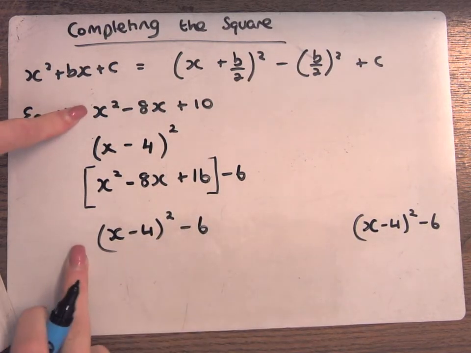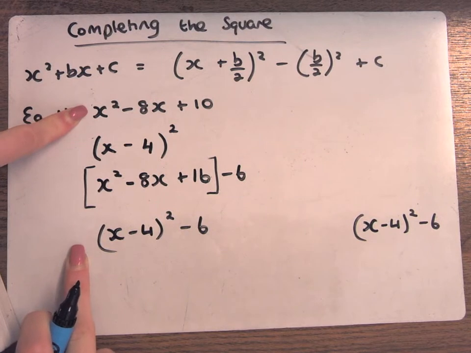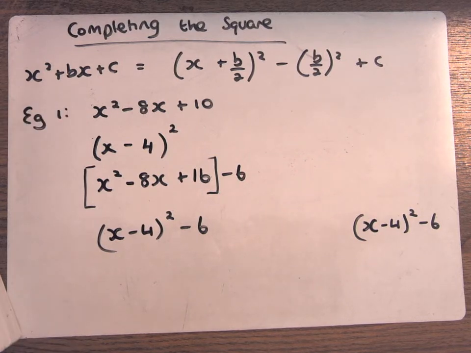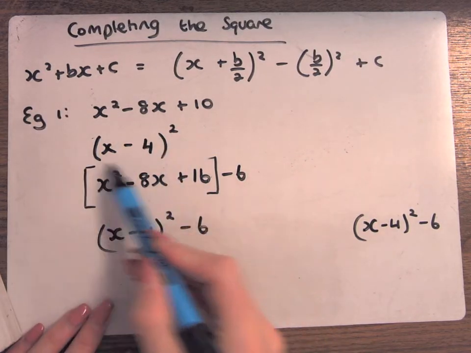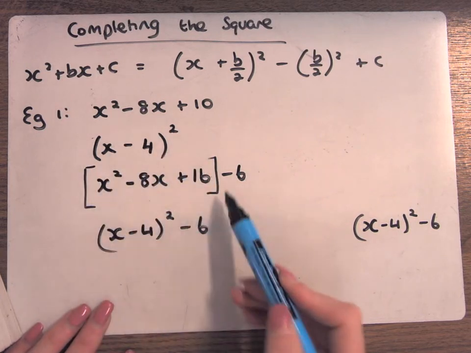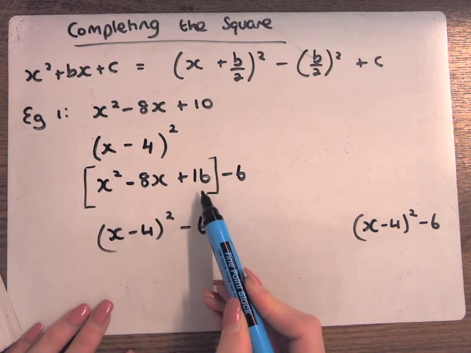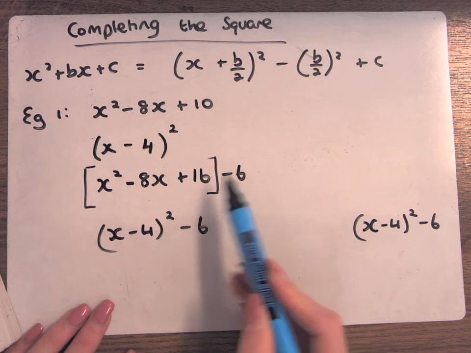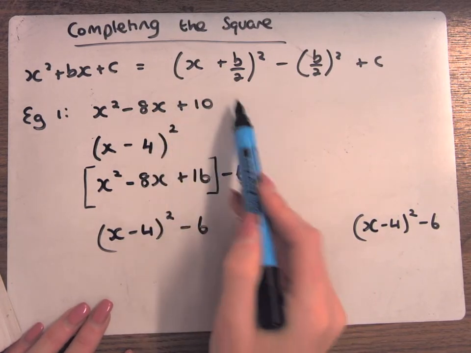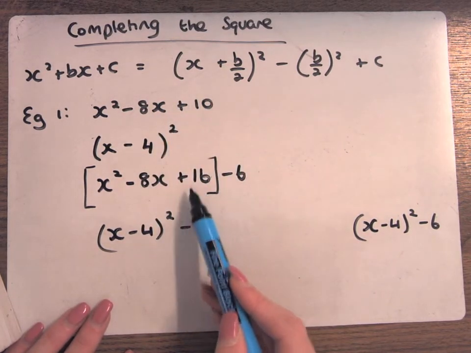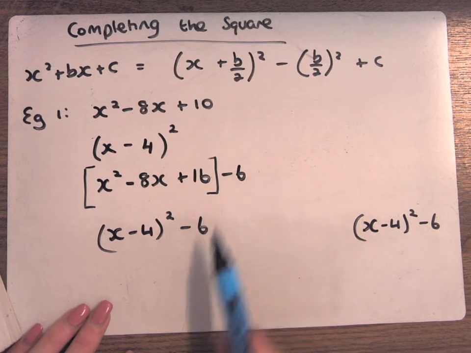That and that are the exact same. So what you do is you think about what will give you a perfect square, you multiply out the perfect square, and then you think about what do I have to add or subtract to get the original question. So I had plus 16, I want plus 10, I need to take 6.